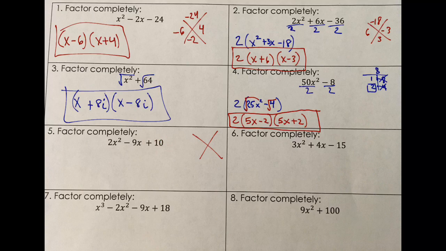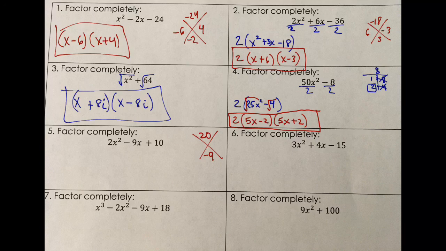So that gives you a 20, and the B term, or that middle term, is always coming down. So again, 2 numbers that multiply to get 20, and then add or subtract together to get you a negative 9.